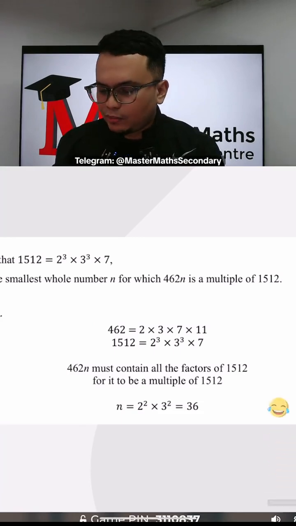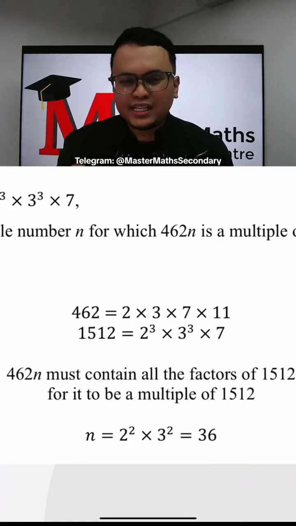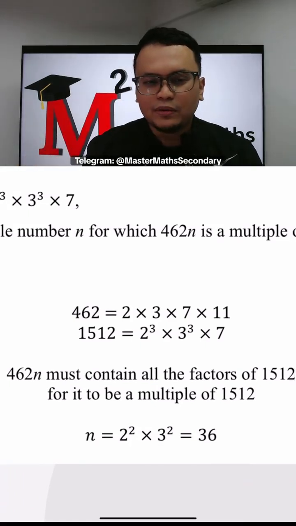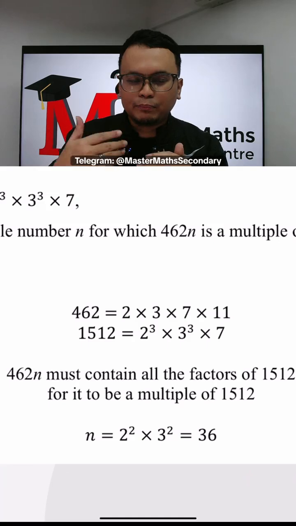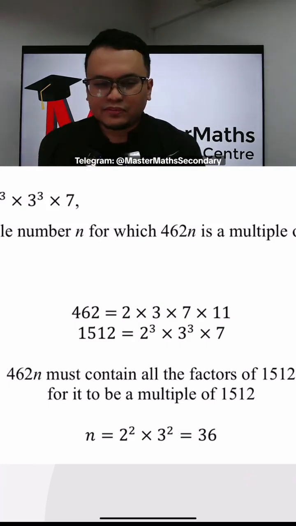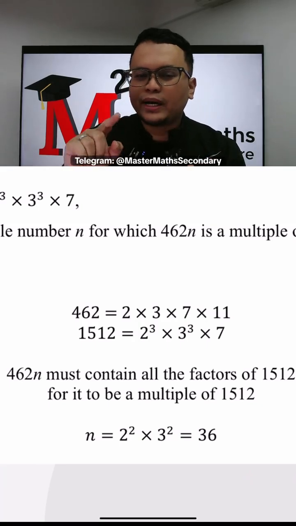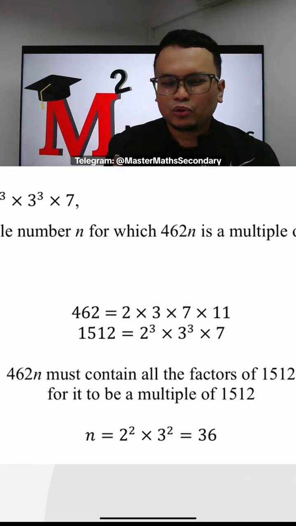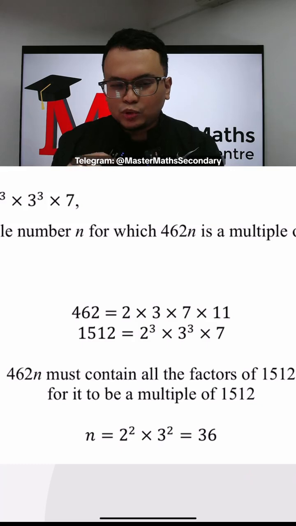At the moment, if you look at 462, it's just a 2, whereas 1512 is 2 to the power of 3. So to make sure that I have that 2 power 3, I need to introduce another 2 square. That's how the 2 square comes from, because I need to make sure that the 2 from power 1 becomes 2 power 3. So we got to raise it up by 2 powers of 2.